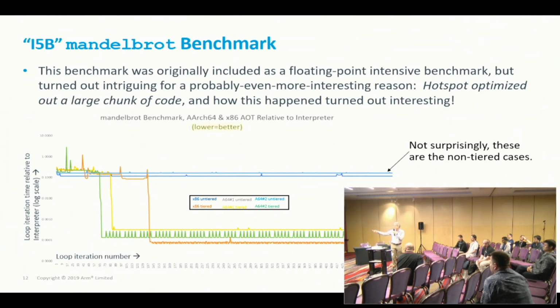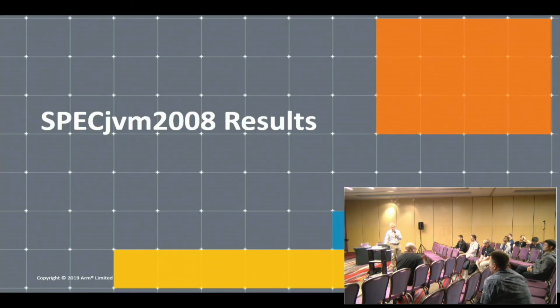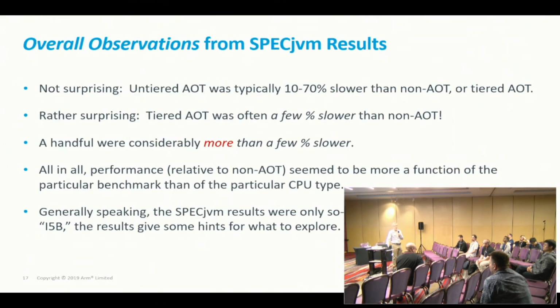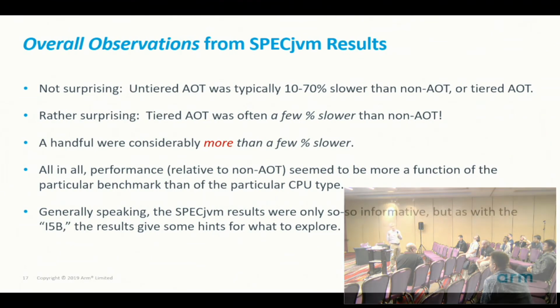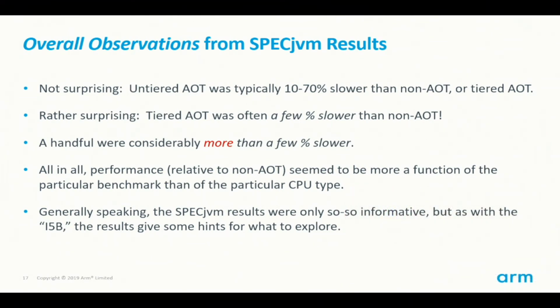In this case, it's a HotSpot difference here. But yes, there were cases where things would help on x86 more or less than on AArch64. Is that what you're asking? The second question, is there any memory benefit when using AOT?